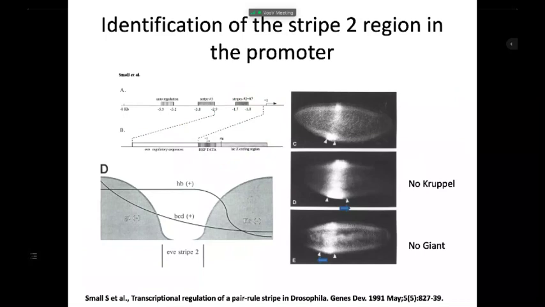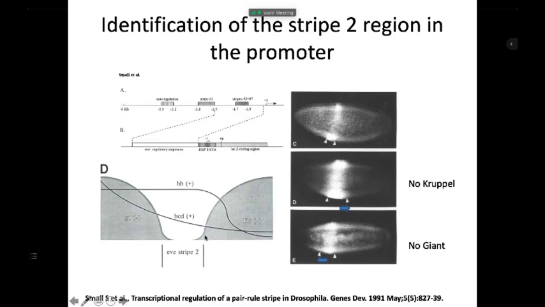And so we can identify the specific region of the even-skipped promoter that controls stripe 2. We can find this bit here in this stripe 2-7 region, and then we can make a LacZ reporter gene that we can put into Drosophila.